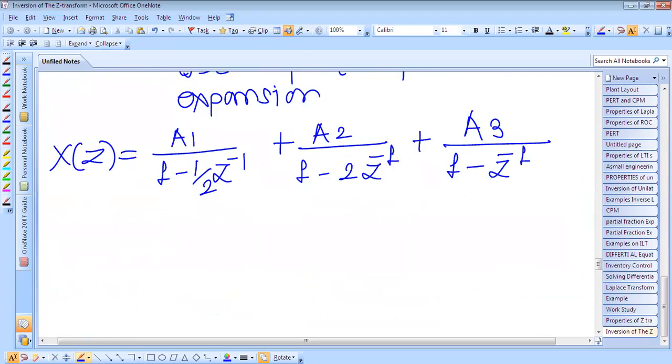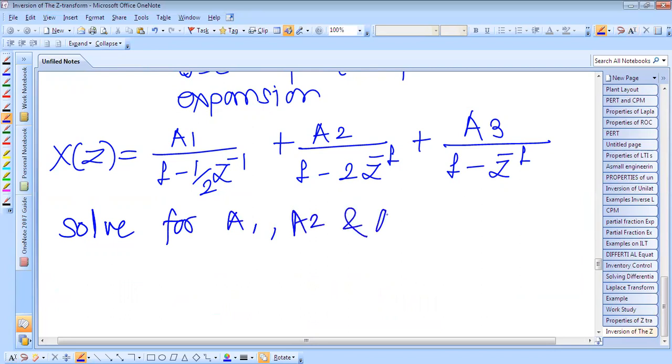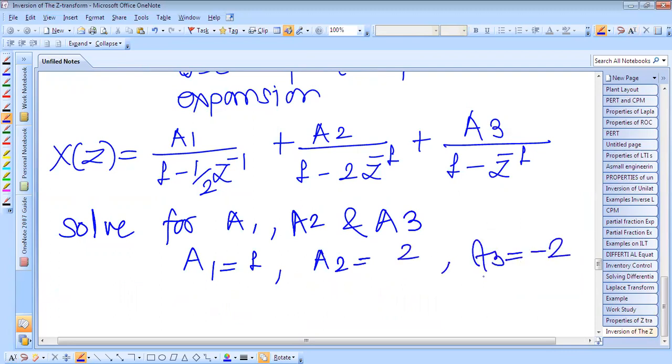If you solve this for A1, A2 and A3, A1 comes out 1, A2 equals 2, and A3 comes minus 2.